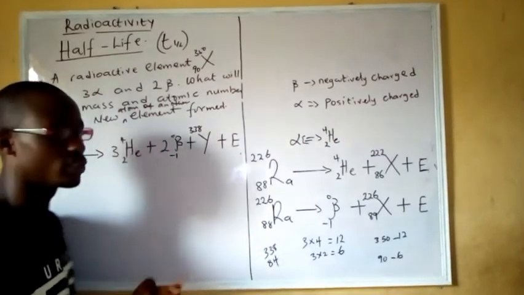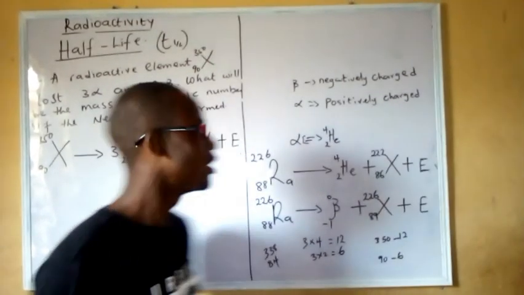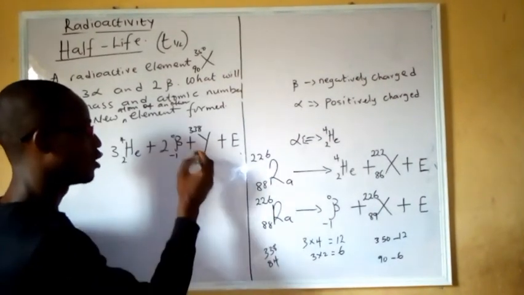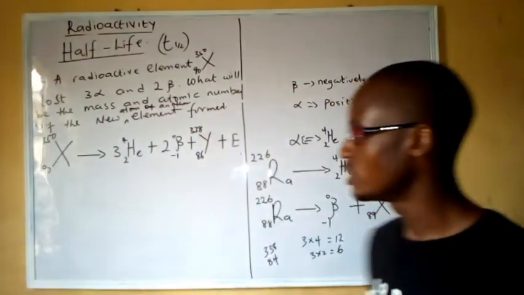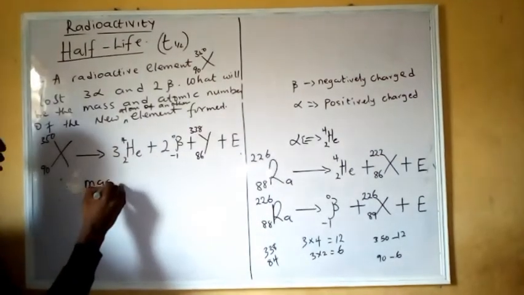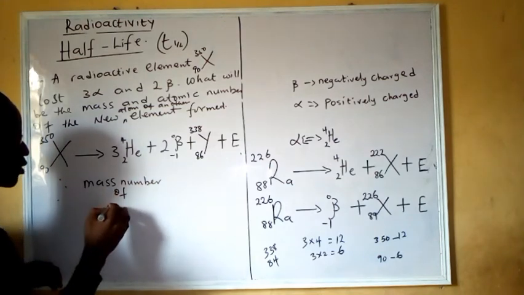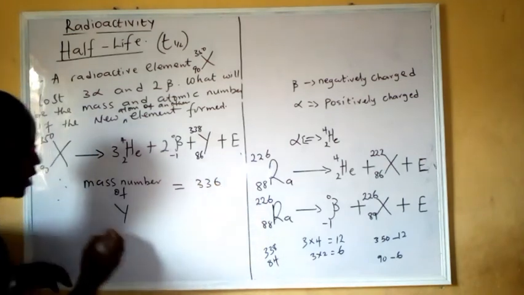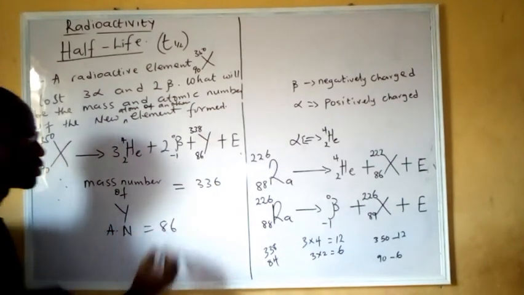But there is an addition of 1 to your atomic number for each beta particle. Since you lose 2 beta particles, there will be an addition of 2, so this becomes 86. That answers the question straight away. Therefore, the mass number of the new element Y will be 338, and the atomic number will be 86.